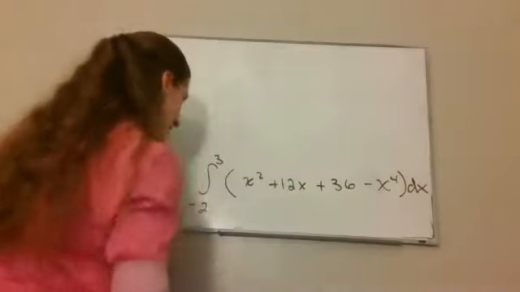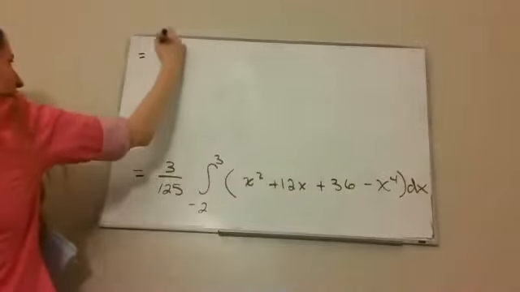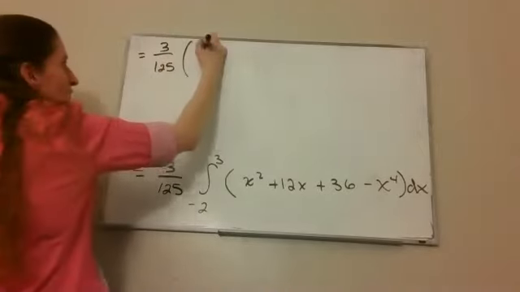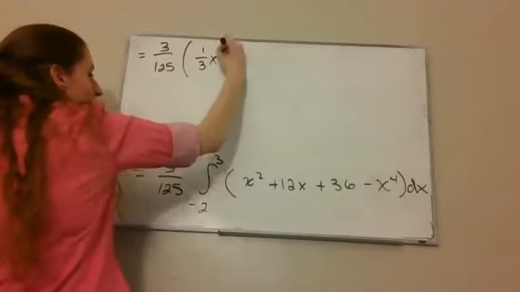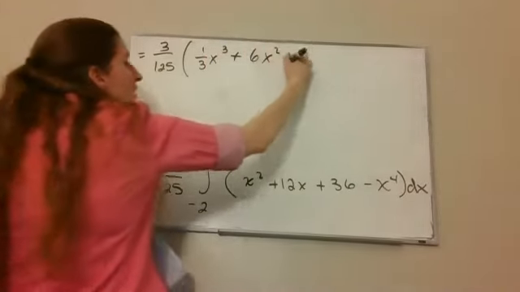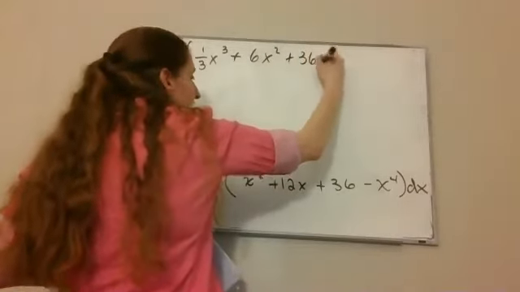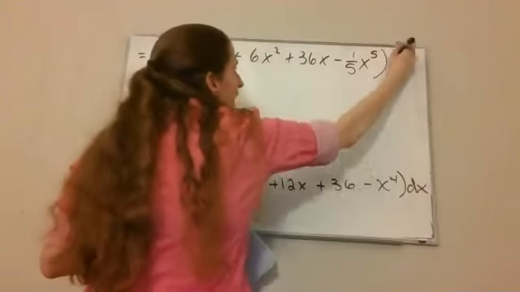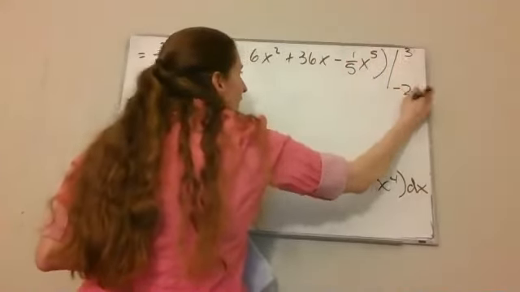So I get 3 over 125 times my antiderivative, which is 1/3 x to the 3rd plus 6x squared plus 36x minus a 1/5 x to the 5th, evaluated at 3 and negative 2.